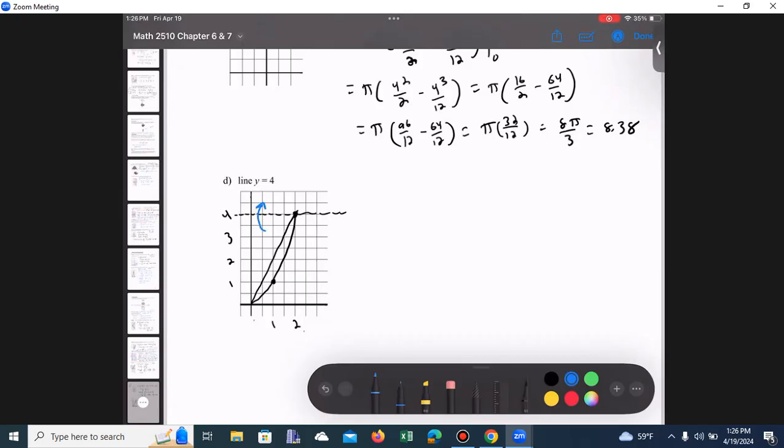So your inner radius is just going to be 4 minus 2x. And your outer radius is going to be 4 minus x squared. And we're doing this across the horizontal, so we'll use x's for this. And so our limit's going to go from 0 to 2. So pi, 0 to 2, your outer radius, 4 minus x squared, squared, minus the inner radius, which is going to be 4 minus 2x, squared.